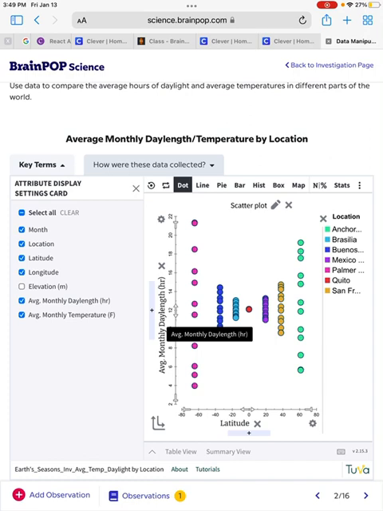On the bottom, I'm noticing latitude. So right in the middle, 0 degrees latitude, that would be the equator. Anything positive of 0 would be north of the equator. Anything negative of 0 would be south of the equator.